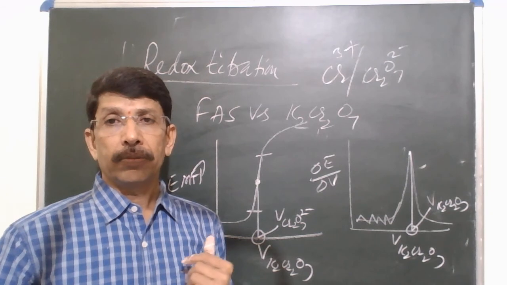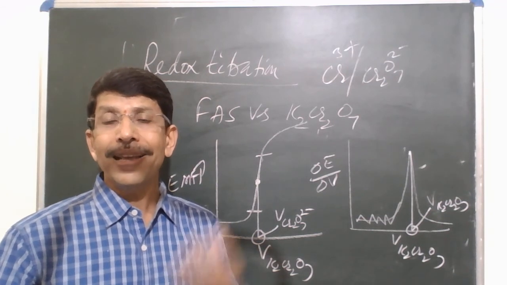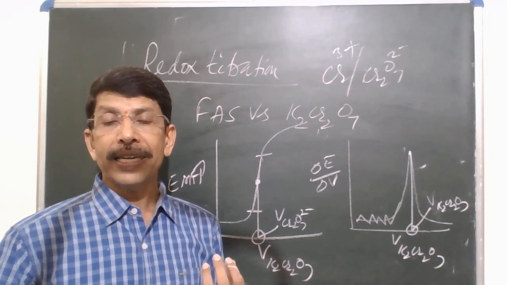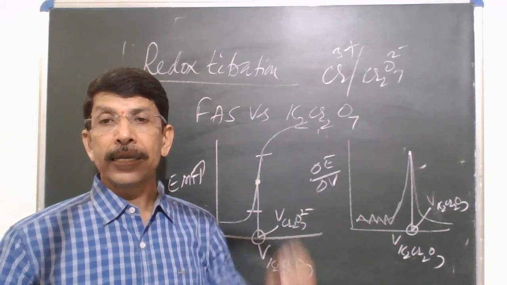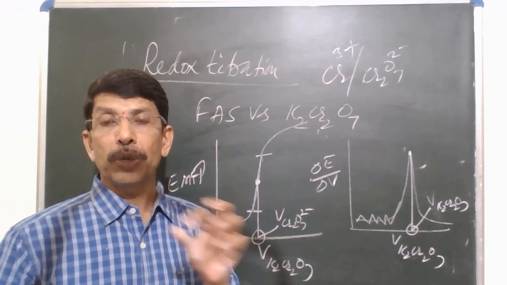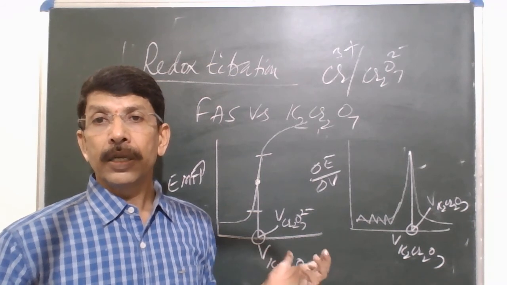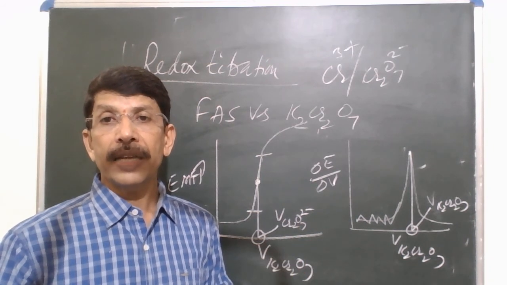The procedure is the same. Take about 20 ml or 25 ml, whatever volume of FAS you want, add about a test tube full of 2 normal dilute sulfuric acid, then place the platinum electrode and calomel electrode, and connect them to a potentiometer. Add a drop of potassium dichromate, then you have the Fe2+ to Fe3+ ion system, which acts as a redox electrode.